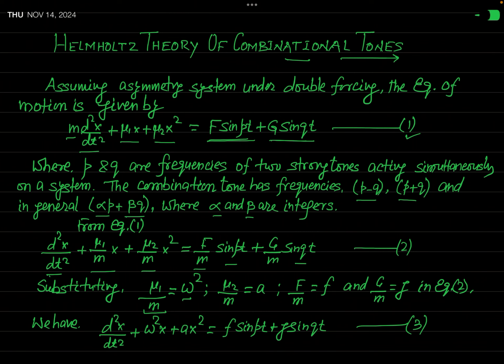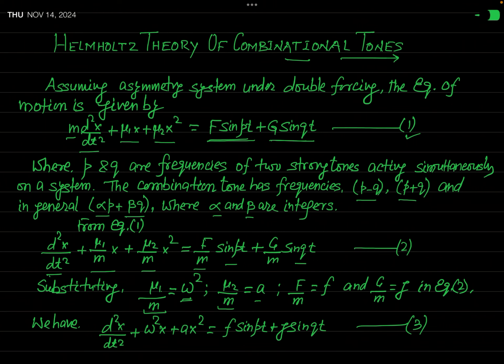Now let us substitute omega square instead of mu1 over m. Actually mu1 x is the restoring force, so mu1 is the force constant, and that's why mu1 over m is simply equal to the square of the angular frequency of the system. And we also consider that mu2 over m is equal to a.